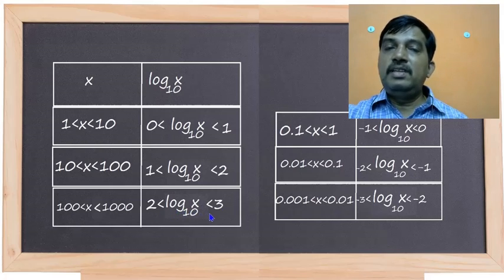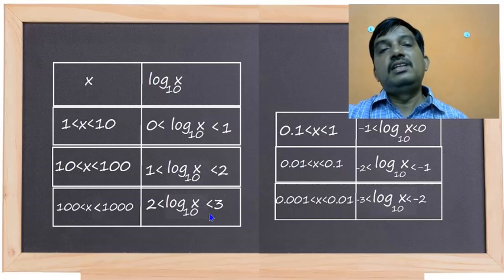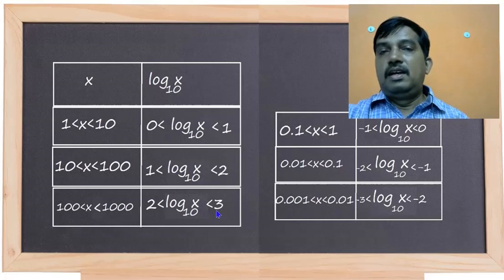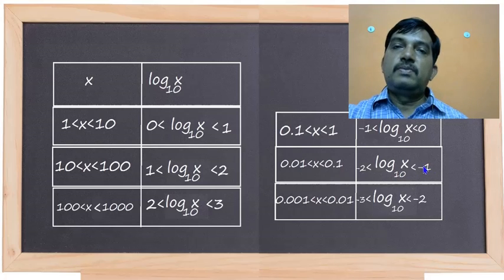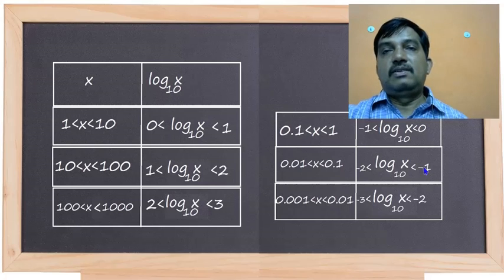That something can be found by using the logarithm table. And if we take the logarithm of 0.035, 0.035 is greater than 0.01 and less than 0.1, and that's why it lies between minus 2 to minus 1. Like this, it is possible to guess in which interval log x lies.